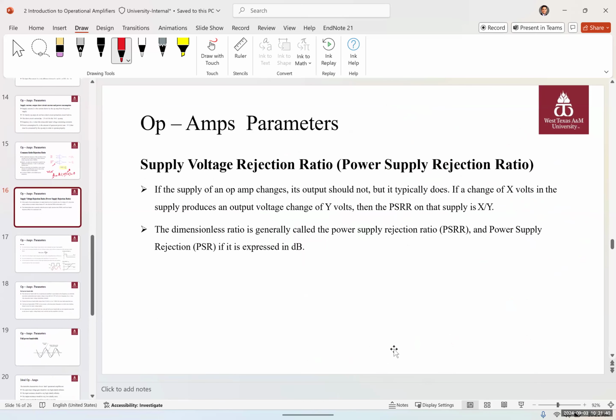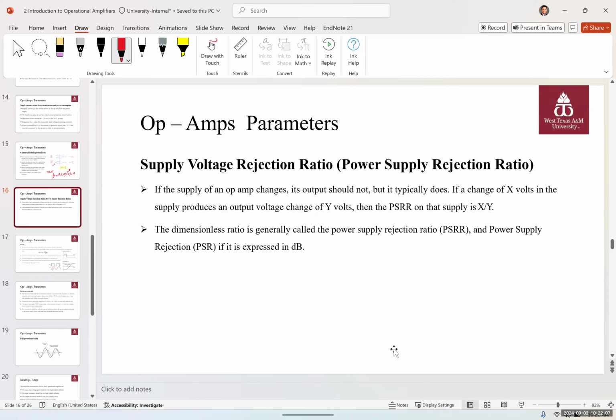That's the reason supply voltage rejection ratio is very important. We don't want the output voltage to drop when the power supply voltage drops. It will eventually drop after a certain point, but we don't want it, for example, to drop when the supply voltage drops from 30 to 25 volts. We don't want the output of the op amp to drop from 10 to like 5.